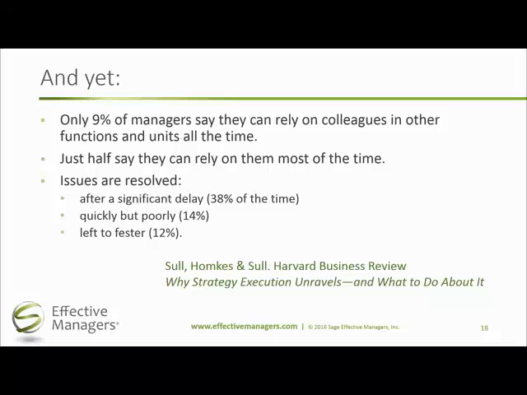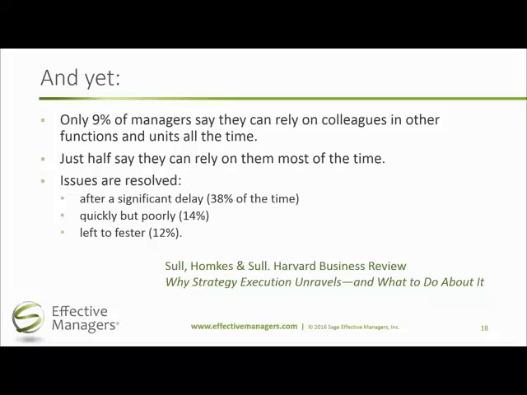When it comes to how you resolve issues, so if you're not getting the kind of support you need, or if you're not getting the input that you need to be able to do your work, organizations are very, very poor at resolving that. Managers report that 38% of the time the issues are resolved, but after a significant delay.